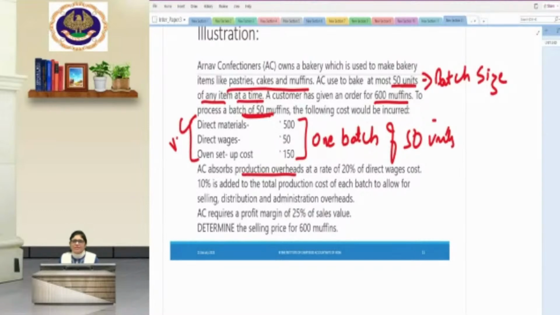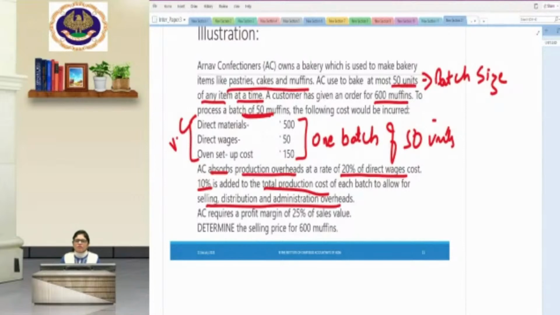Why? Because whenever per batch or per unit cost is given, it is a variable cost. Now overheads are always absorbed. So here also the absorption rate is given. 20% of direct wages is the overhead absorption. 10% is added to the total production cost to allow for selling, distribution, and admin overheads. So production overhead is 20% of direct wages, and we have three overheads in total: production, admin, and selling and distribution.